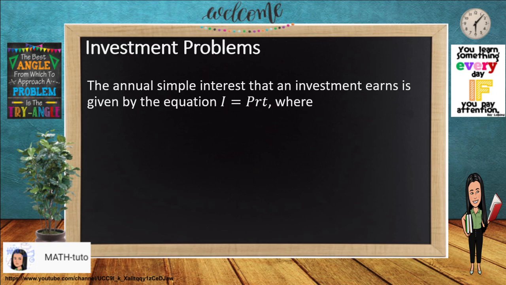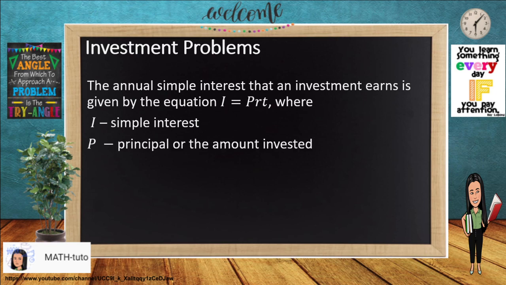The formula for an annual simple interest that an investment earns is given by the equation I equals PRT, where I is the simple interest, P is the principal amount or the amount invested, and R is the simple interest rate.